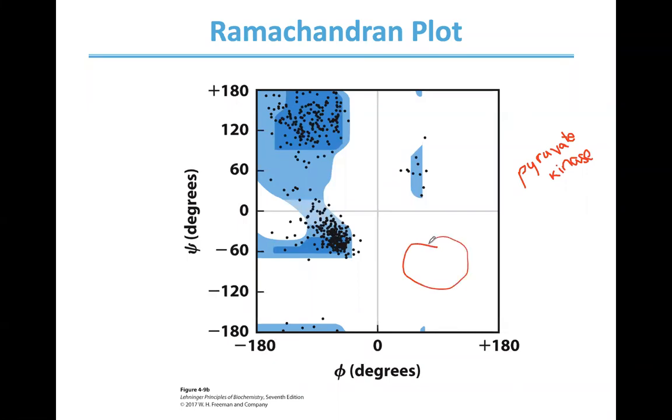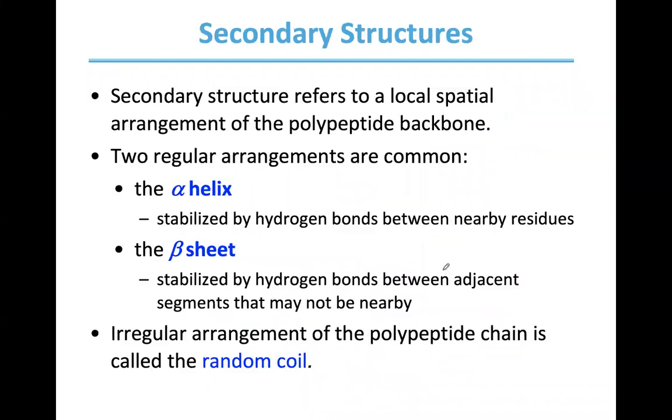It's unacceptable: that combination of phi and psi leads to such strong steric hindrance that the protein will never adopt that conformation. So the most optimal is dark blue, light blue is still acceptable, and no blue is unacceptable. Okay, thank you.